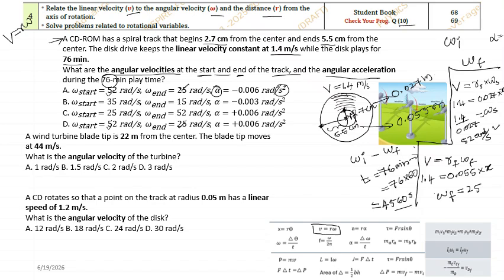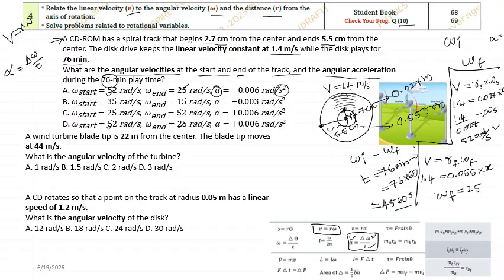Now, how do you calculate alpha? Let me calculate it over here. And what is the equation? See, search for the equation for alpha. This is the equation for alpha. They are connected with time and omega. So this is the equation you will be selecting. Alpha will be equal to delta omega divided by delta t.